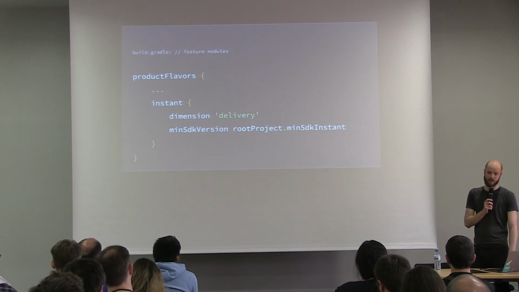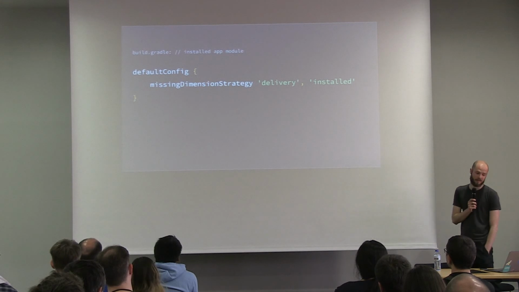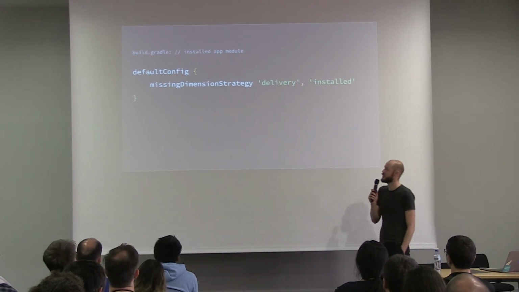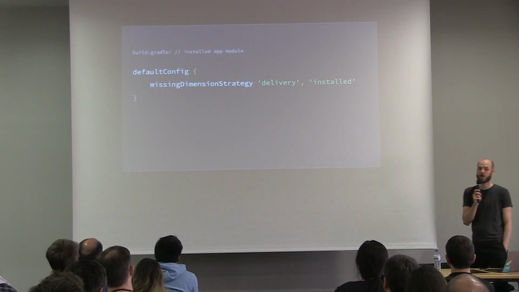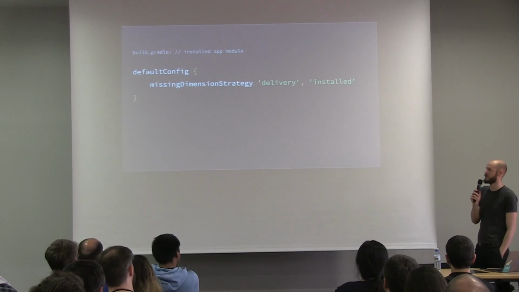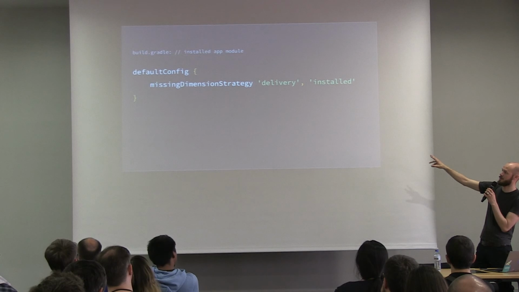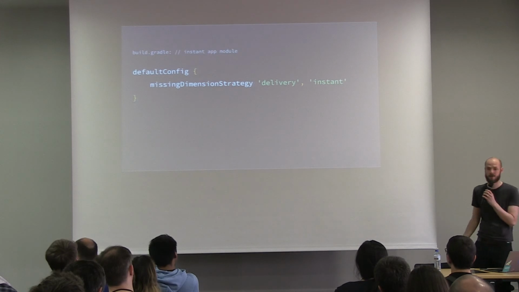And with that, we're good to go with the next step, which basically says if there is something missing for your installed app, we just tell Gradle how to resolve this missing dimension, because we don't want to declare it in the Gradle file itself. We just say if the dimension that we're missing is delivery, then pick installed for the installed app and instant for the instant app.